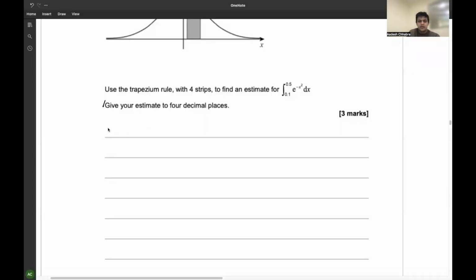So we know the trapezium rule to be as follows, where the area is equal to the height by 2 times the addition of the first y plus the last y, plus 2 times the addition of the remaining y's.